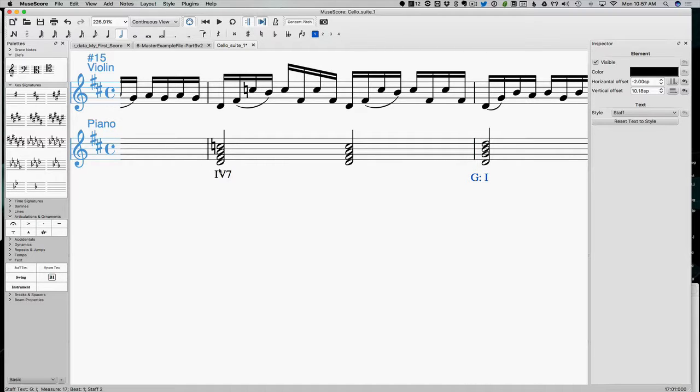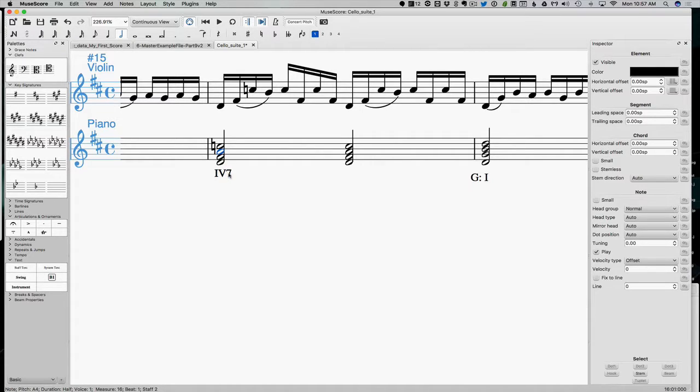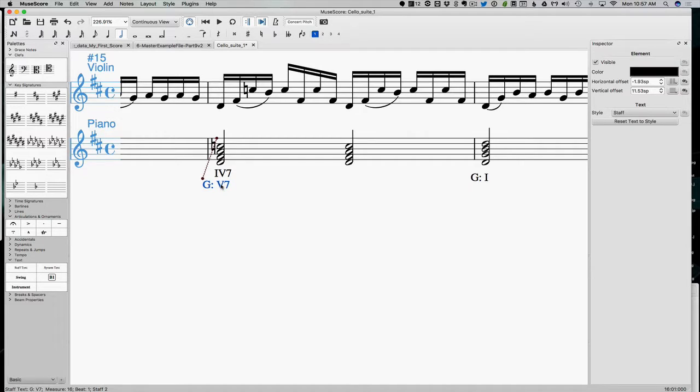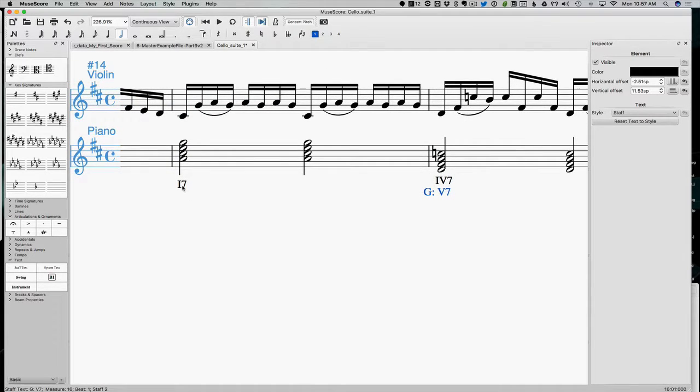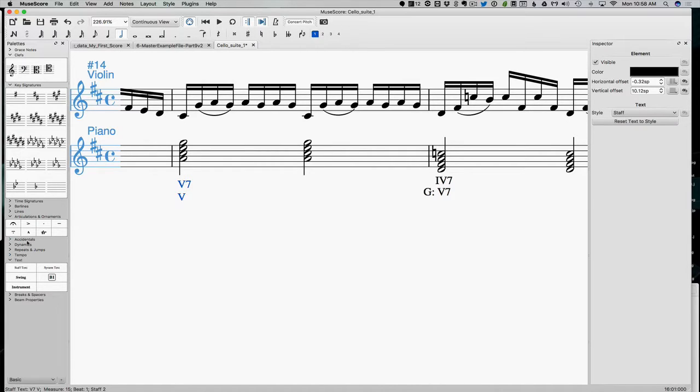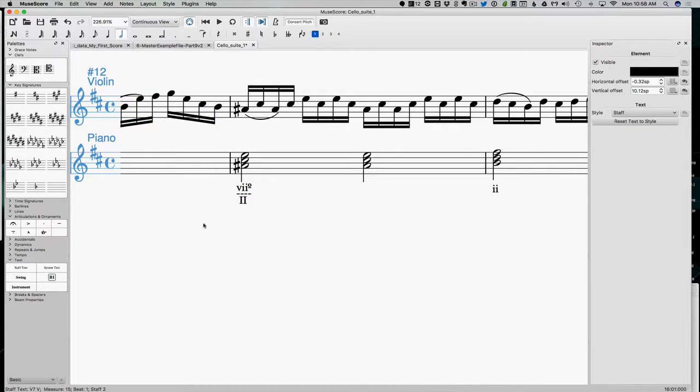Now, let's step back. And let's call this key of G 5/7. I don't think we can step back any further to this one. Let's just leave that as a 1/7. What we should actually call this, if we want to go back to that secondary dominant thing we were just talking about, we should call this 5/7 of 5. And then we use one of these little lines like we did here.